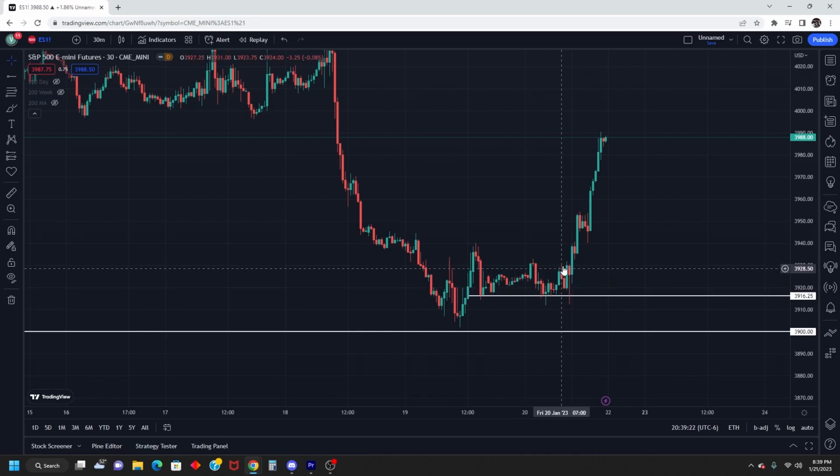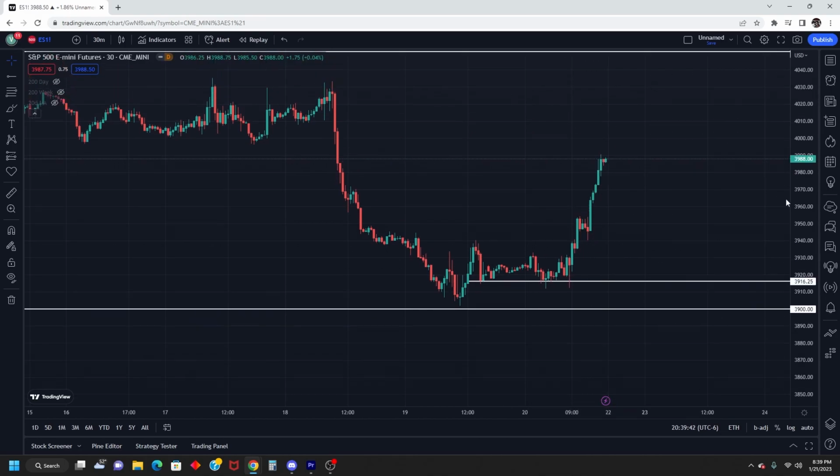It then needed to accumulate more, came up, couldn't get over these highs. Retail distribution down, back into that liquidity zone under 39.1650.